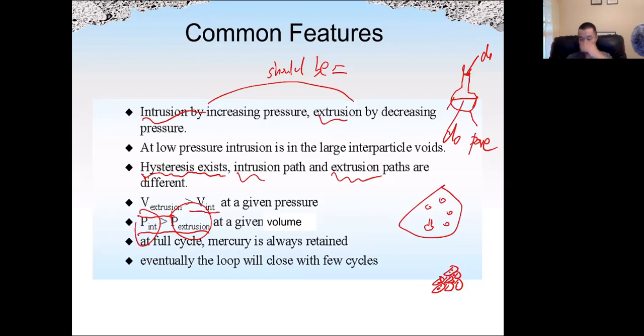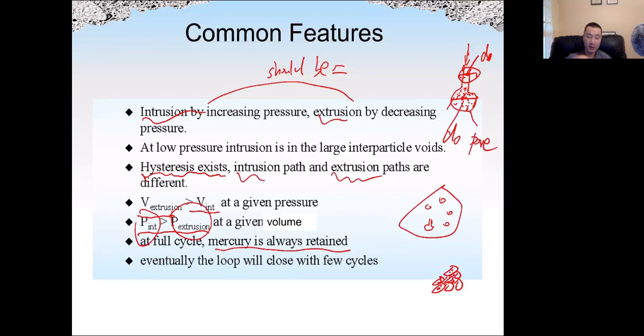The pressure has to be high, corresponding to D1, which is smaller than D0, so the mercury can be pushed into this pore. But when we fill all the pores with mercury and slowly reduce the pressure, the mercury inside the pores will be trapped because of this bottleneck. That's why mercury is always retained after reducing the pressure.